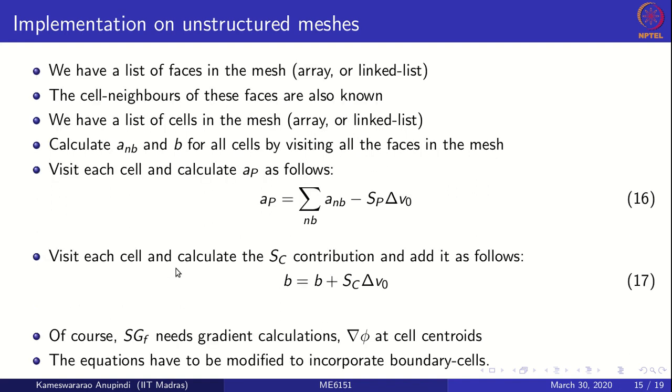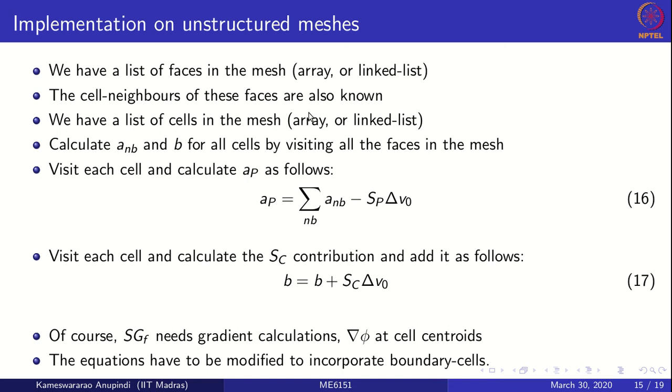Then what we assume is that through the grid generation software or through the cells we create, we have a list of faces in the mesh that we have generated. That means we know, either through an array or through a linked list, what faces we have in the mesh. The cell neighbors for these faces are also maintained.